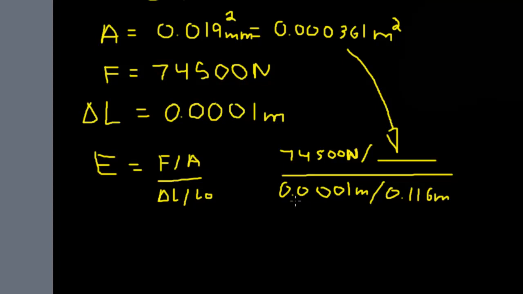So now I'm going to calculate all this, so give me a second. 74,500 divided by 0.000361, divided by 0.0001 divided by 0.116. And now we have a value which is 2.4, or let's have more significant figures, 2.394 times 10 to the 11 pascals.